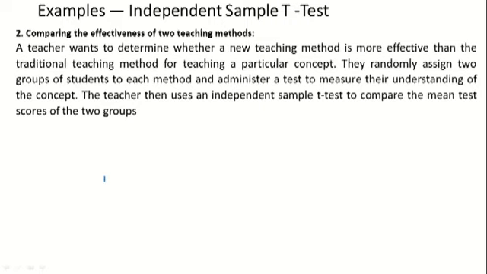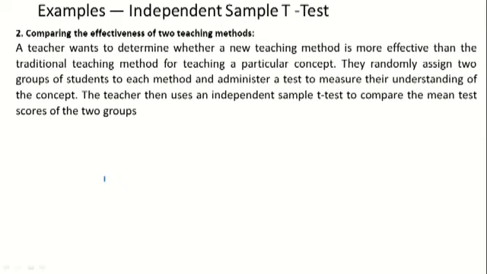The teacher then will use an independent sample t-test to compare the mean test scores of the two groups. So this is also another scenario where we can use a t-test.